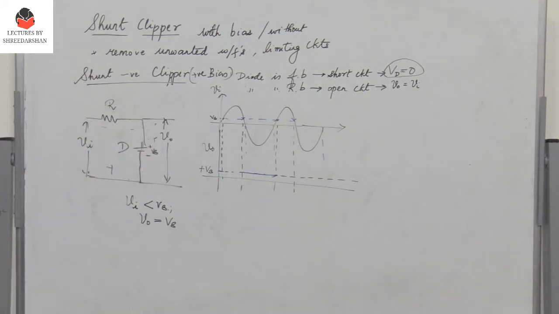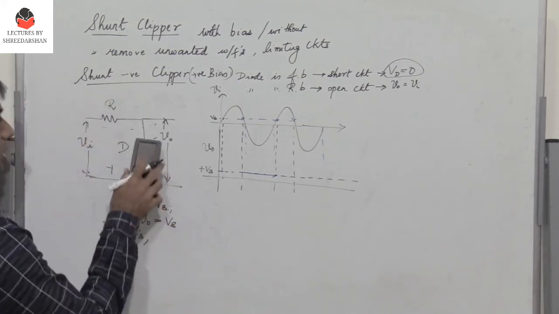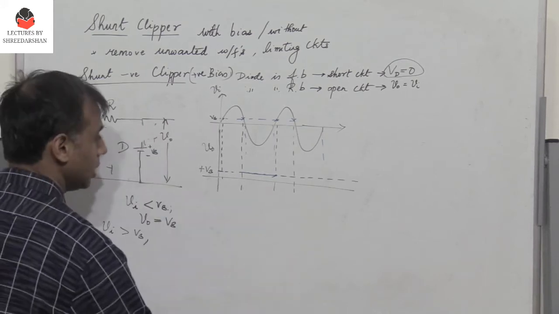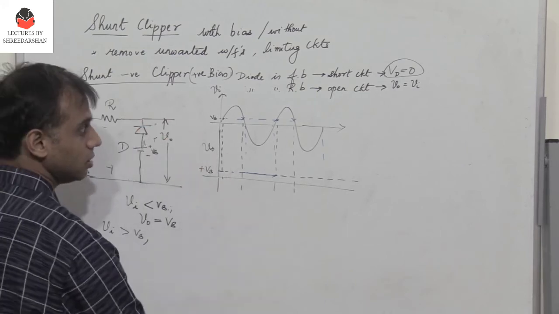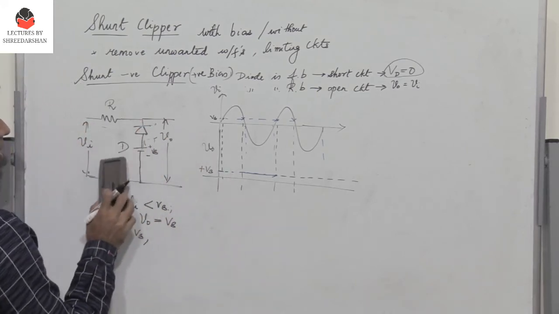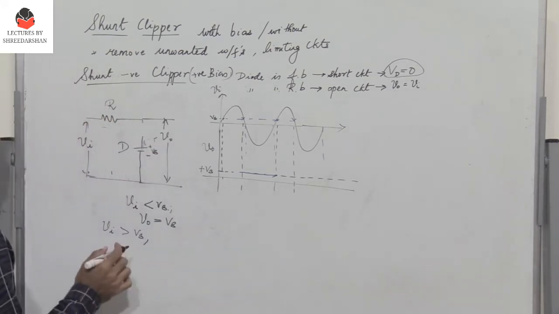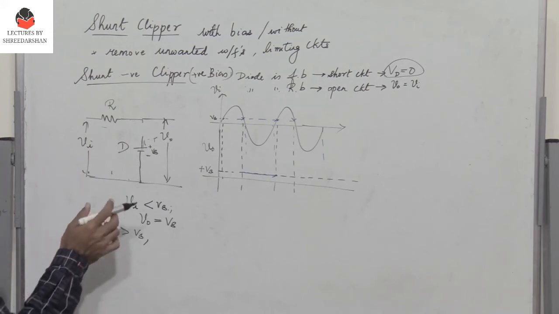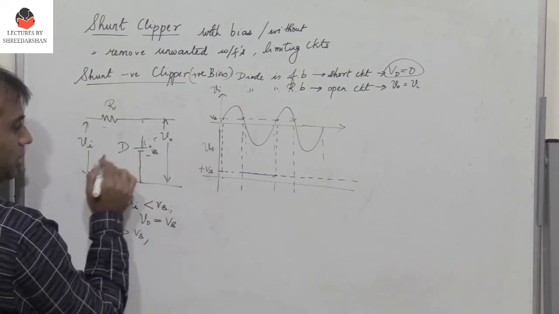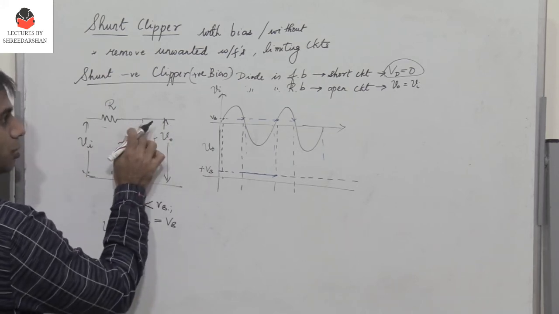So what happens when the input voltage is greater than VB? When the input voltage is greater than VB, the diode now will be reverse biased. When the diode is reverse biased, it behaves like an open circuit.